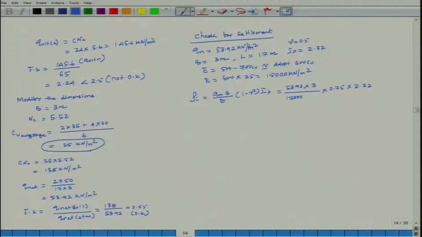This is your IP, you can say at the center. Similarly, IP at the corner is also given. Based on that, you can find out, it is 18 mm.